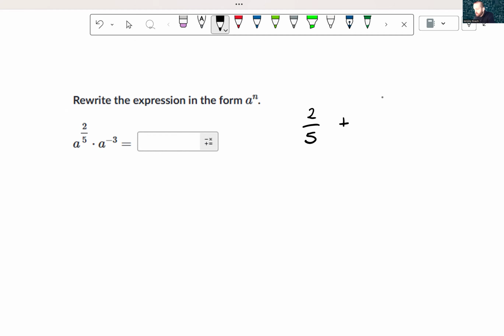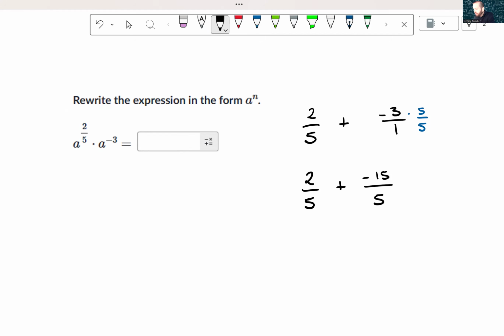So 2/5 plus -3. Now we have to find a common denominator. We're going to times by 5 over 5. So 2/5 plus -15. -3 is just -3 over 1, so we multiply by that. That gives us 5.